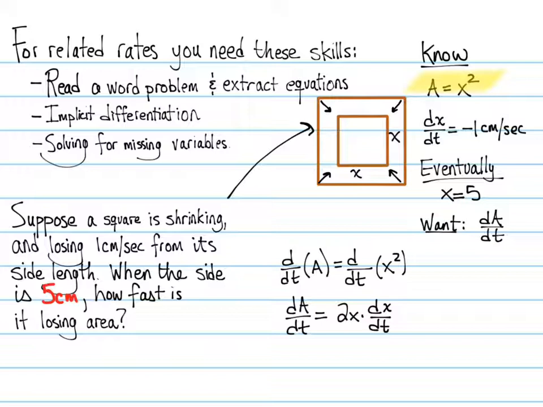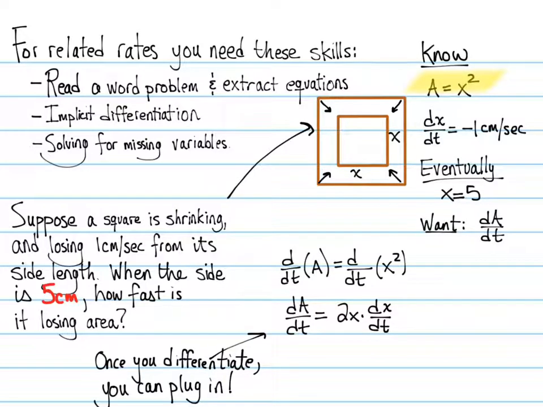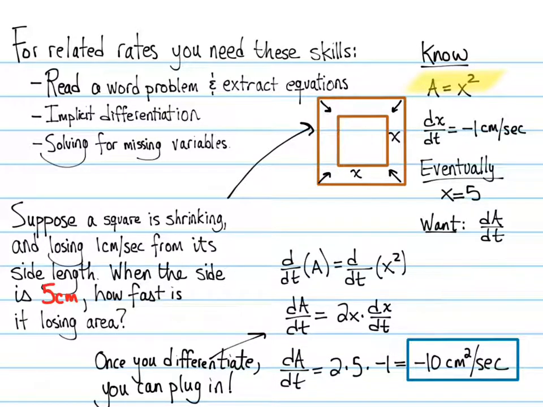At this point, we can let x finally be 5. And so we get dA/dt is 2 times 5 times dx/dt, which is negative 1. And so we get that the area is changing, when the width is 5, at the rate of negative 10 centimeters squared per second.